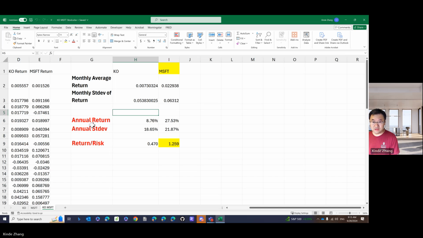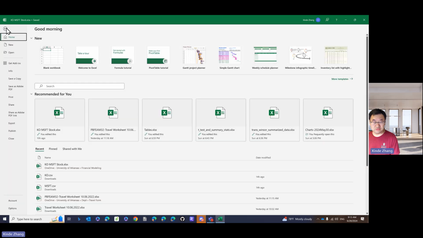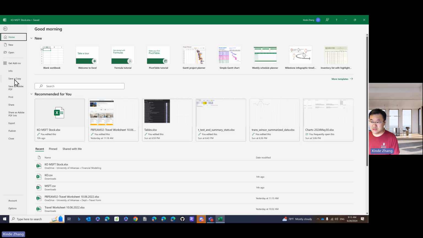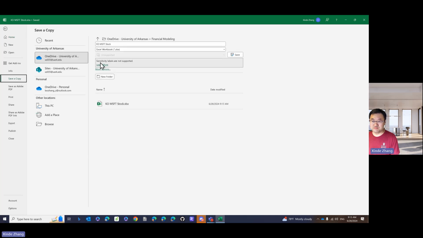This time I'm going to save it to another Excel file. I'm going to call it portfolio. Go to File, Save a copy. I'm still going to save it in my OneDrive financial modeling folder. This time, instead of calling it stock, I call it portfolio.